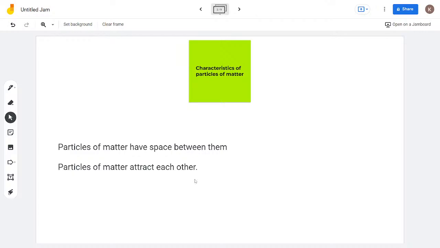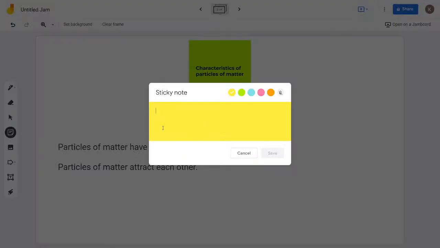Let me write here for you that when temperature increases, the kinetic energy also gets increased.